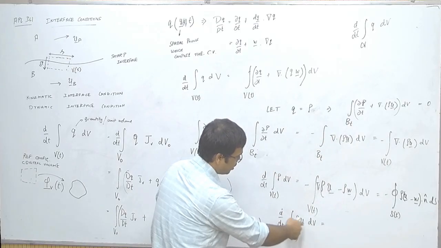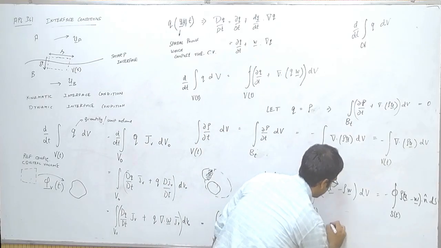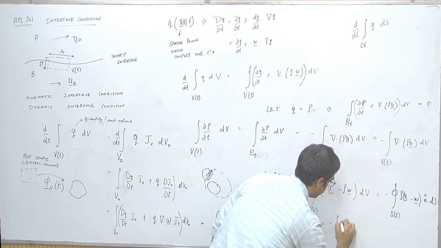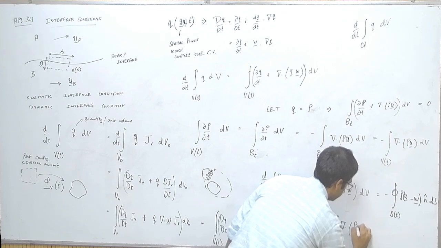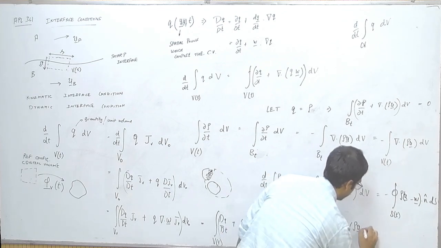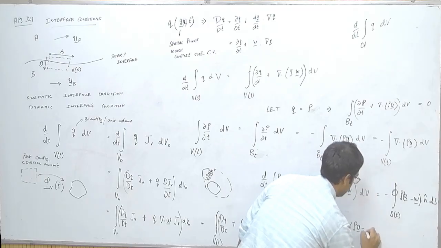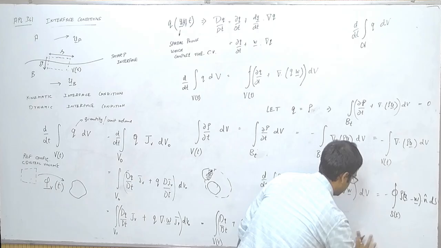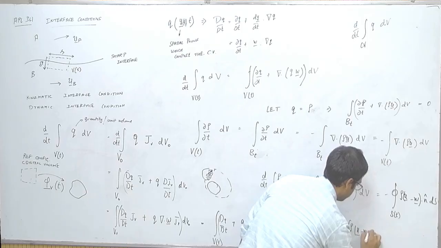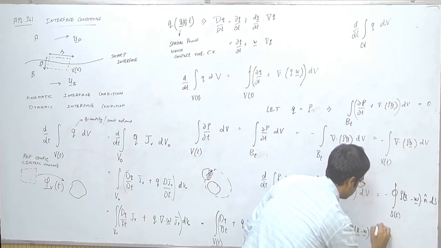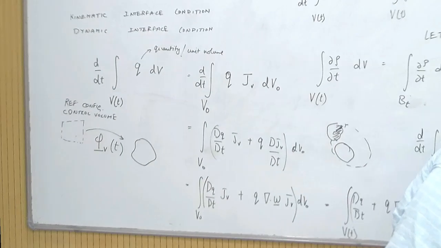Now the second one, I'm just going to give you the result and I'll expect you to derive it. Let's write it in a cleaner way: rho times (u minus w) times u dv.